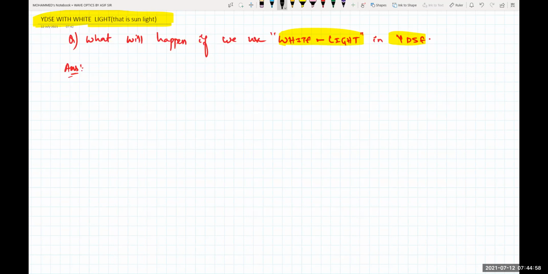So if we use white light instead of monochromatic light, what exactly happens is a central white bright fringe with reddish white fringes followed by bluish white fringes.